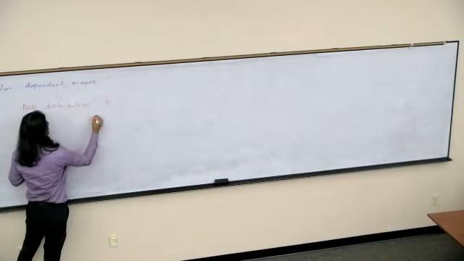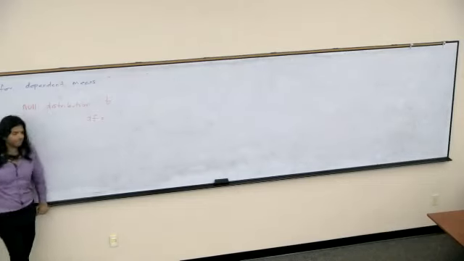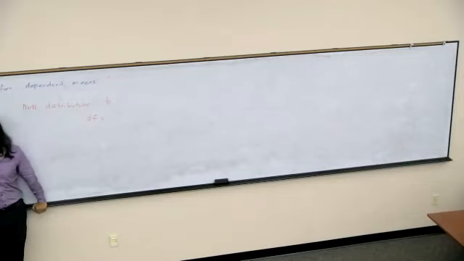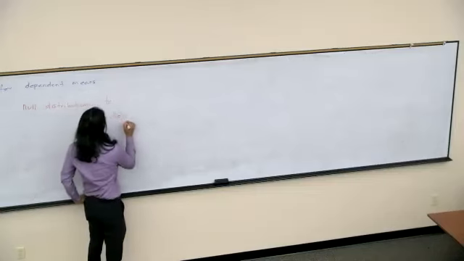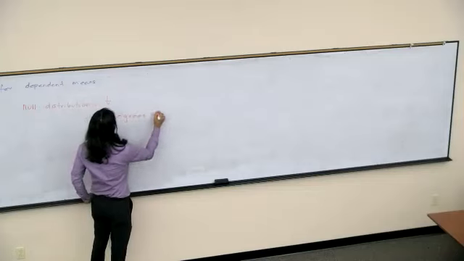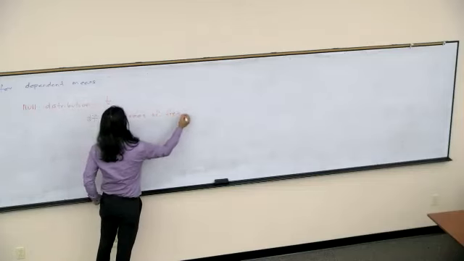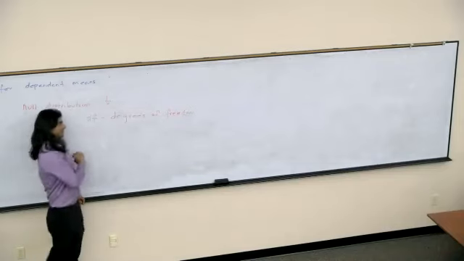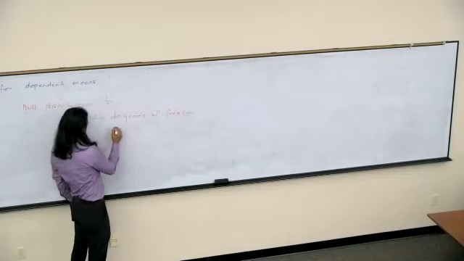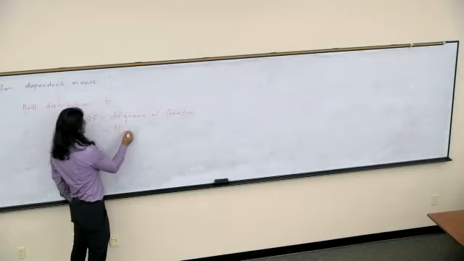T requires something called df. Do we remember what df is? Elizabeth? Right, degrees of freedom. And for this case, it is always n minus 1.